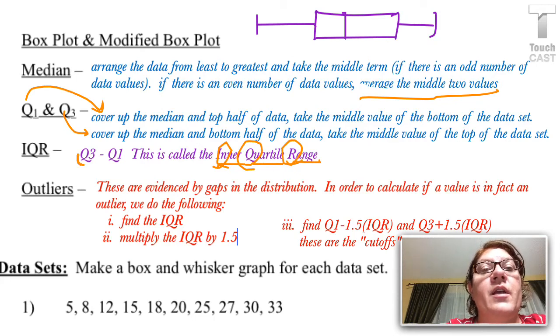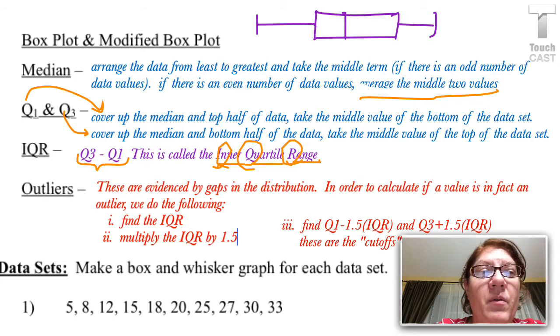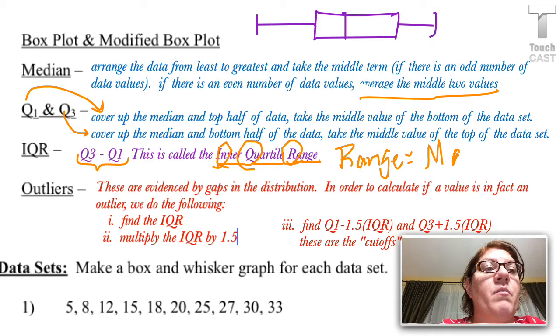All I simply do is take Q3 minus Q1. So it's a range, but it's a range of the interquartile, so between the quartiles. And you probably remember that range is the max minus the min. We probably should write that down somewhere, that range equals max minus min.